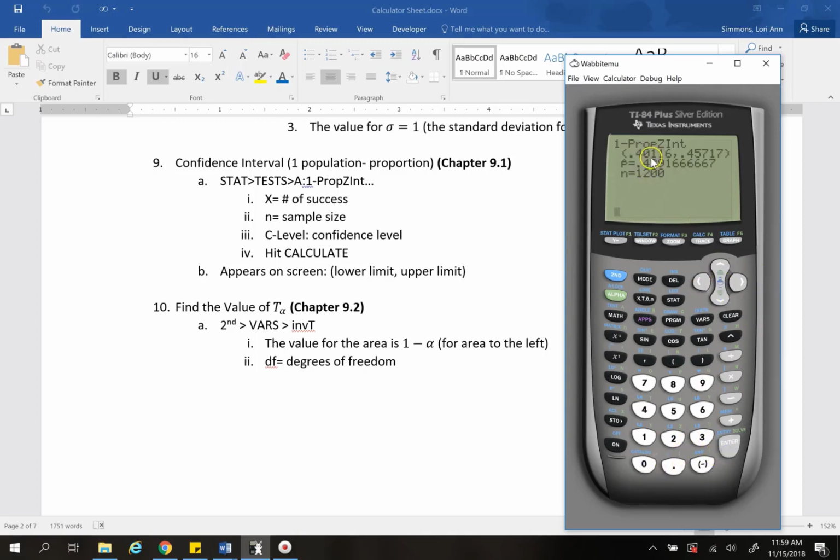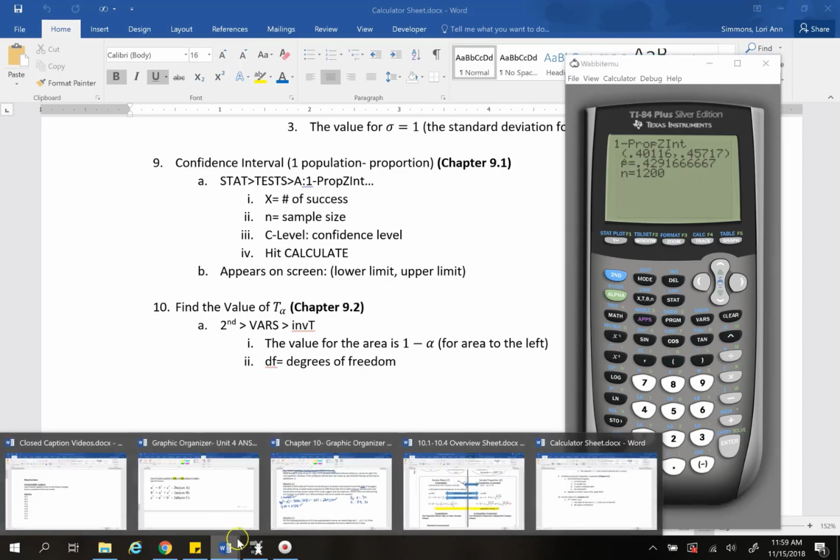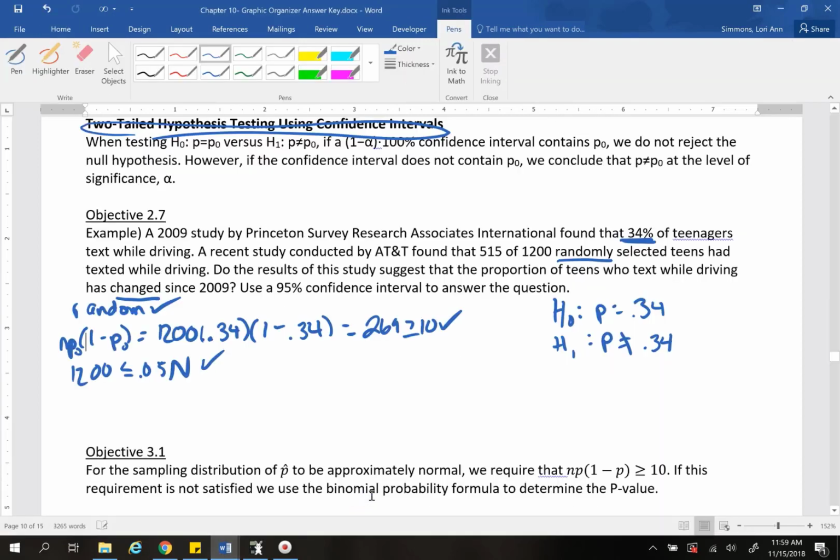Calculate. Here's our confidence interval. It's 0.401 to 0.457. So where does 0.34? Is 0.34 in here? It is not. So then we can go with that one.